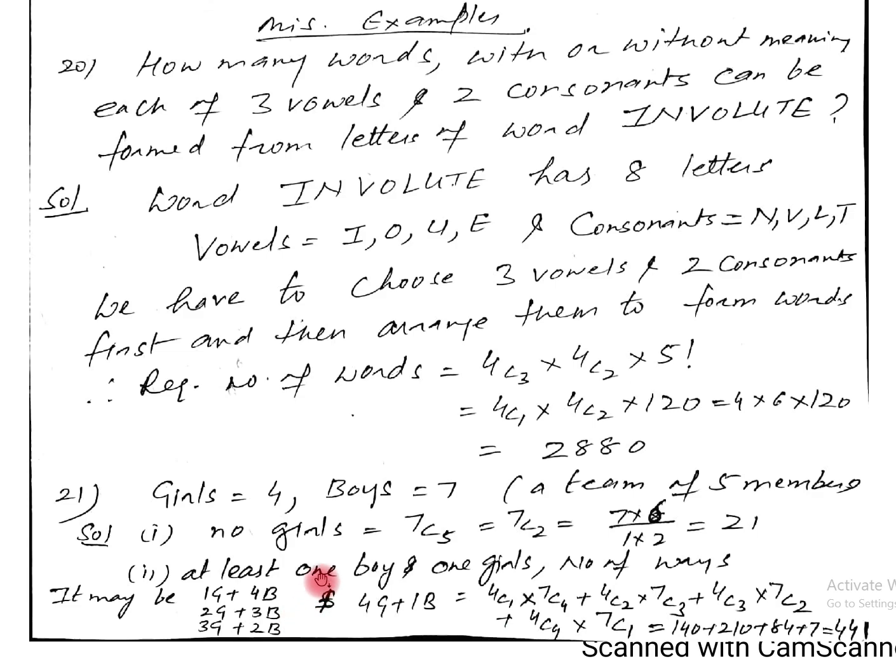So the total number of ways equals the number of ways of the first case plus the second case plus the third case plus the fourth case. Then we can add them and the answer we are getting is equal to 441. It is again one of the good questions here. Now this is all about today.